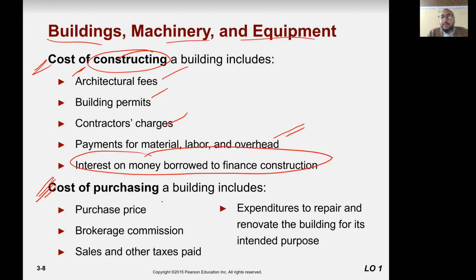So purchase price, all the commission, sales tax, expenditure, for the first time when you actually use that building, before any kind of renovation, whitewash, repairment, we call this expenditure, and that would be part of the cost of purchasing.